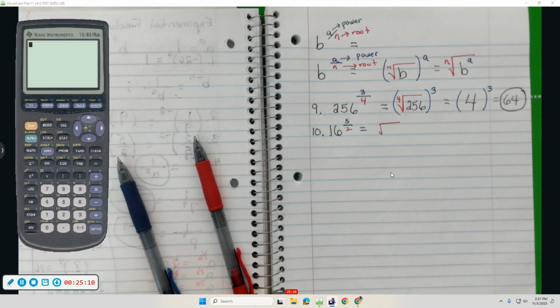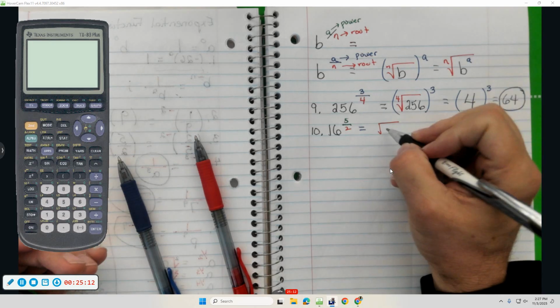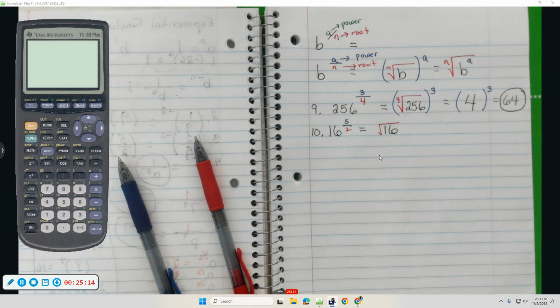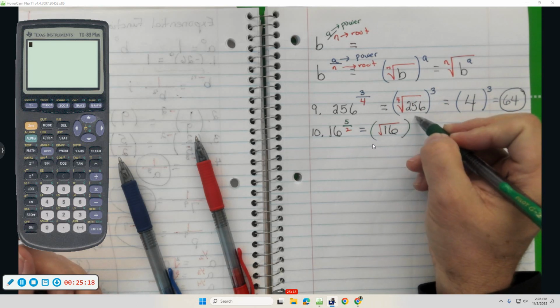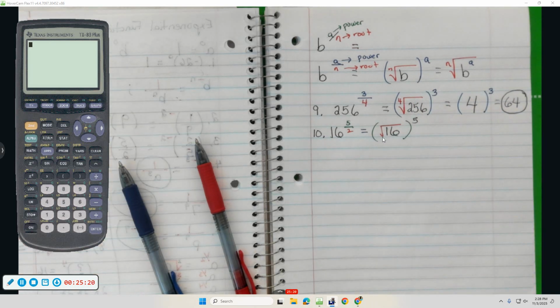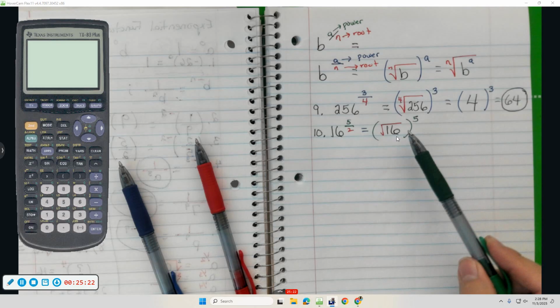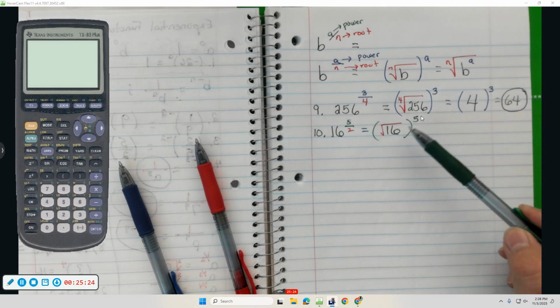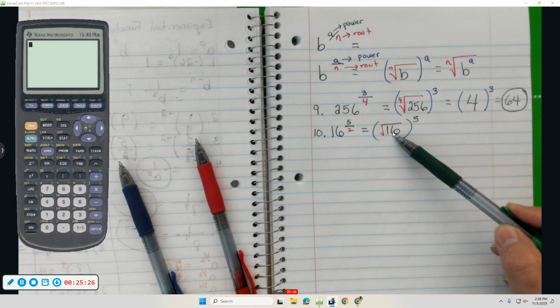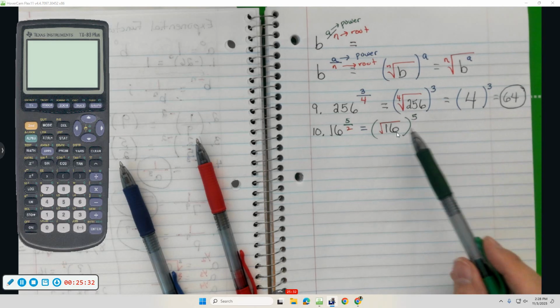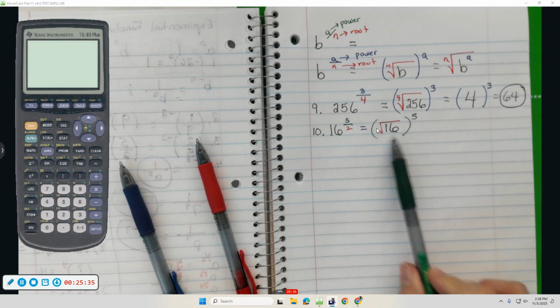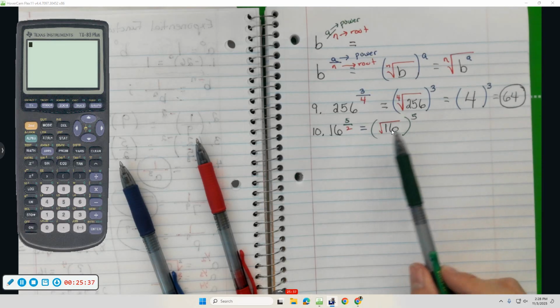The 16 is under the radical. And we're going to have to raise that all to the power 5. Once again, I hope you see why we don't, although we could put that 5 on the 16 to the 5th power, that'd be a huge number to have to take the square root of. So I think it's cleaner if you do the root first because you're shrinking down the numbers.